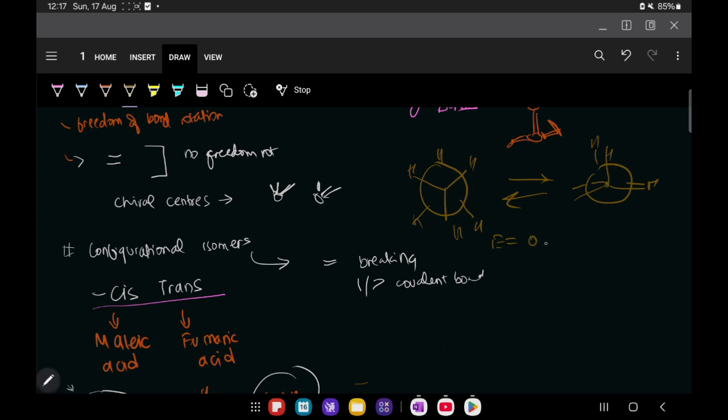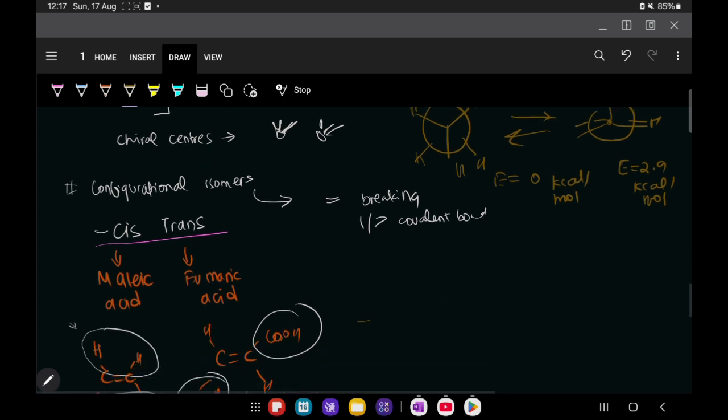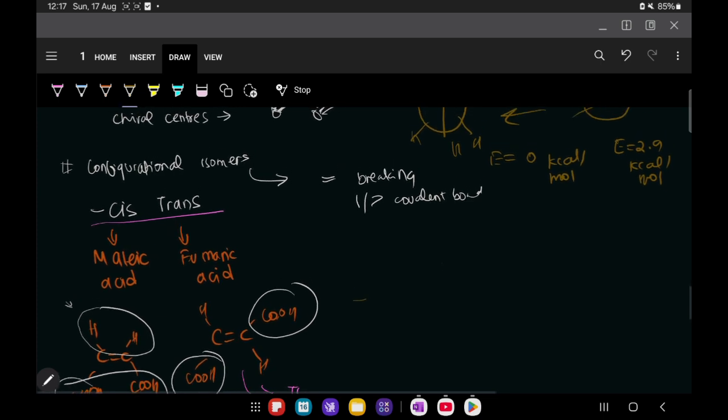It's 0 kcal per mole, and the eclipsed one is 2.9 kcal per mole. So staggered is more stable. This is your ethane, two different conformations, interchangeable, right?